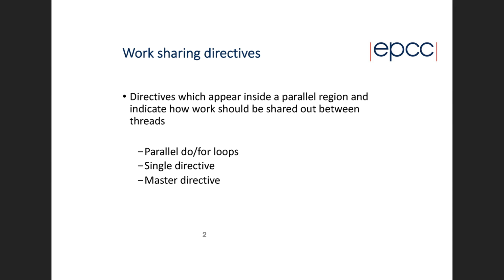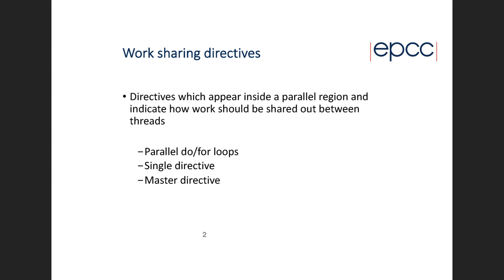So clearly we can do what you've already been doing in that first exercise with the Mandelbrot set, which is to manually use the thread ID and the number of threads inside a parallel region to divide up work. However, that's not particularly nice, and it's a little bit inconvenient.